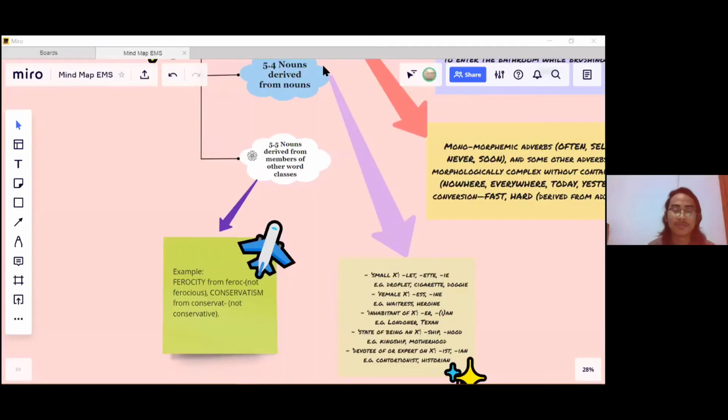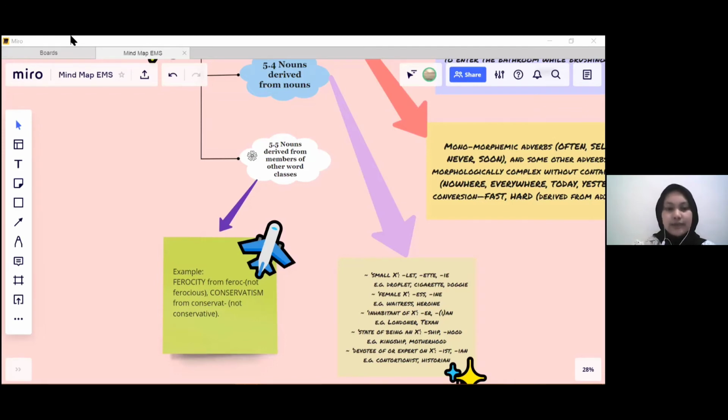And the next is nouns derived from members of other word classes. Nouns derived from adjectives and from verbs are extremely numerous. Suffixes are used to derive nouns from adjectives, meaning property of being X, where X is the base adjective, from bases other than the free form of the corresponding adjective.